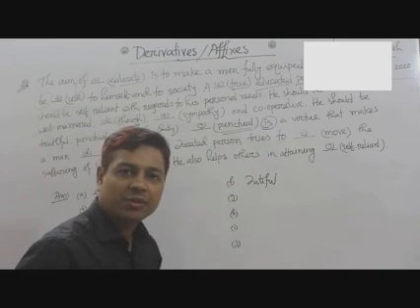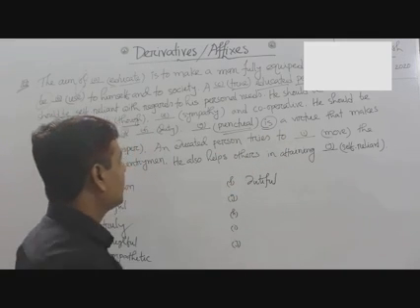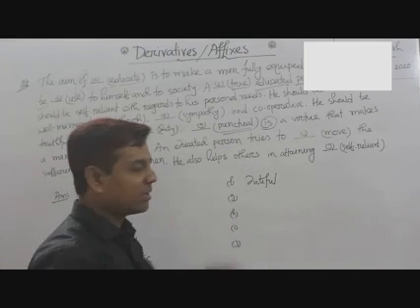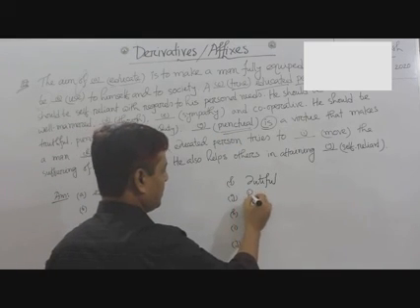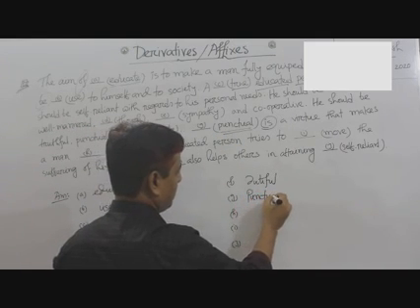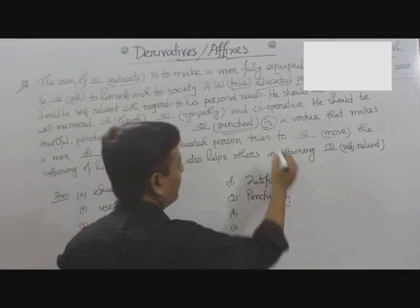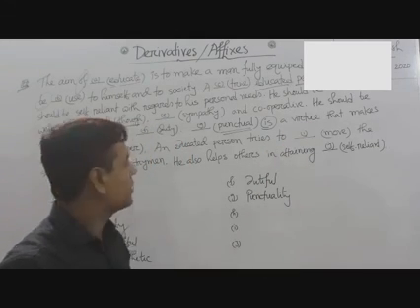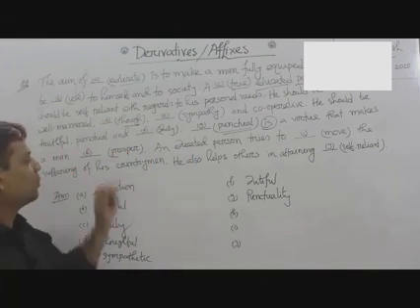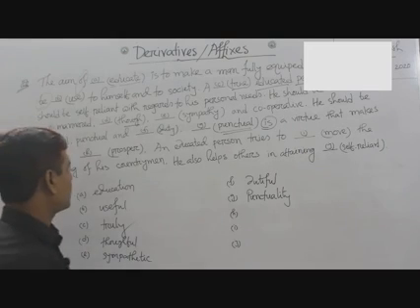So the subject should be in noun form. Punctual is an adjective, and the noun form of punctual is punctuality. Punctuality is a virtue that makes a man prosper. That makes a man prosperous.